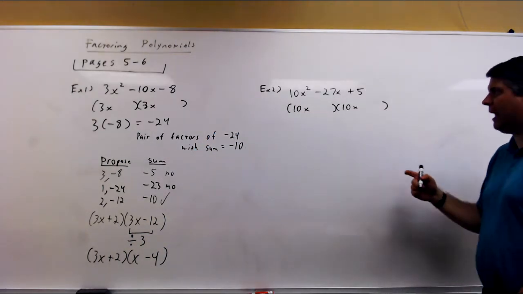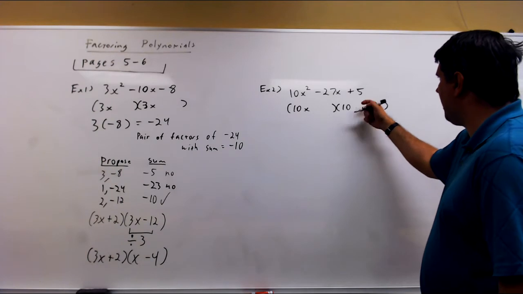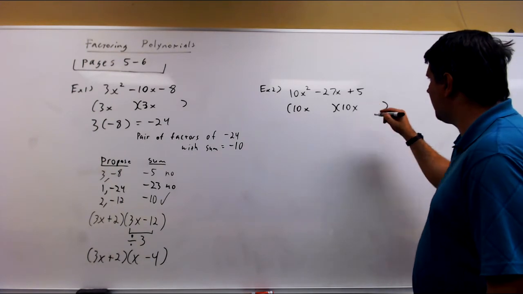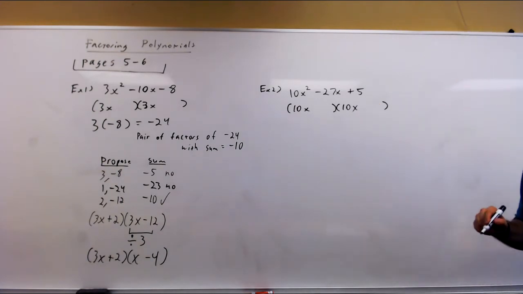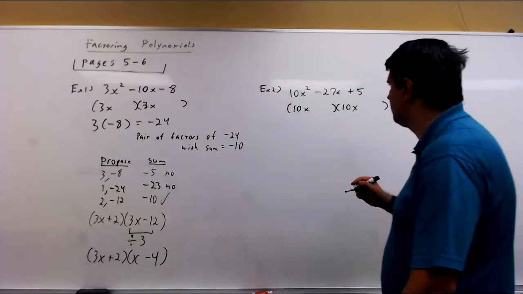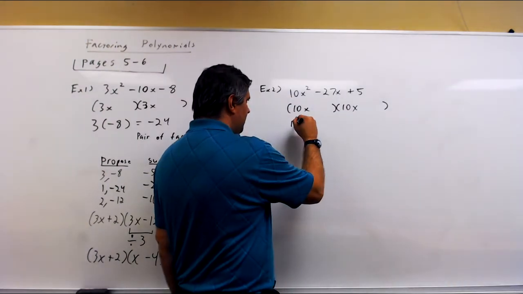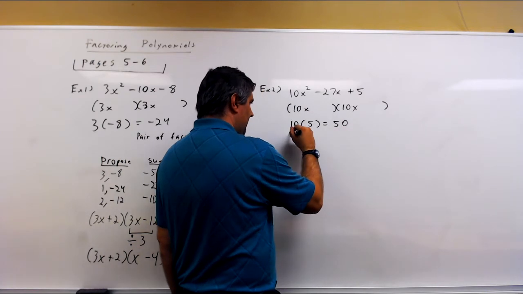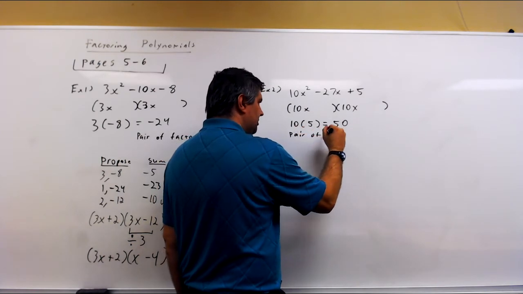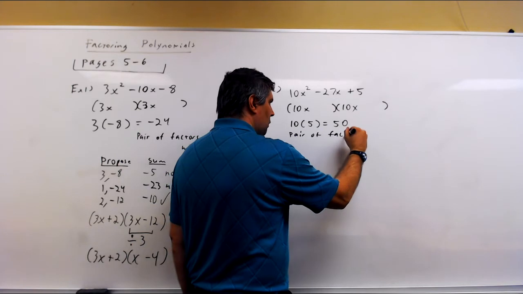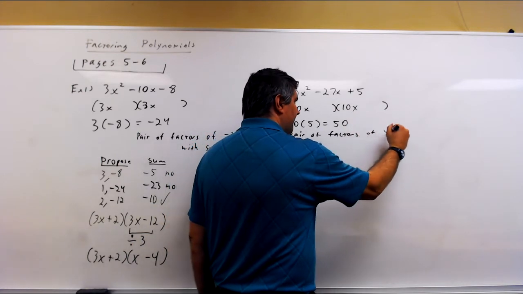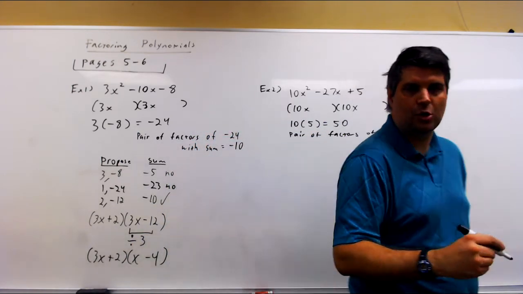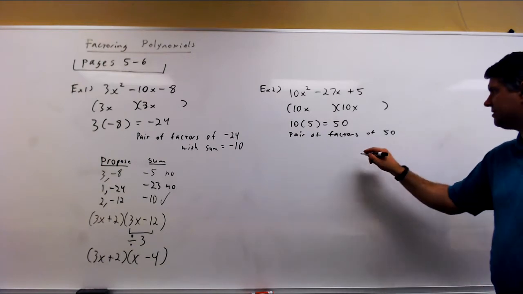And again, if both were to survive, that'd be 100x squared, and that's not what's going to happen. One or both are going to be gone. Next I'll take 10 times 5, and I get 50. I need a pair of factors of 50 with a sum of negative 27.